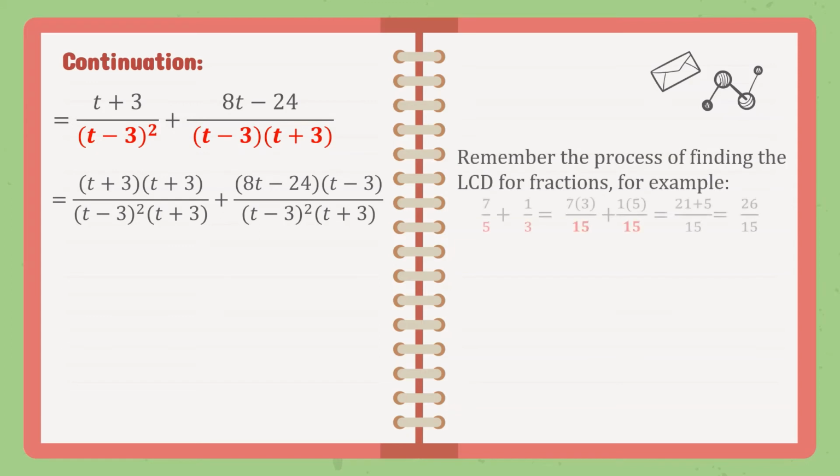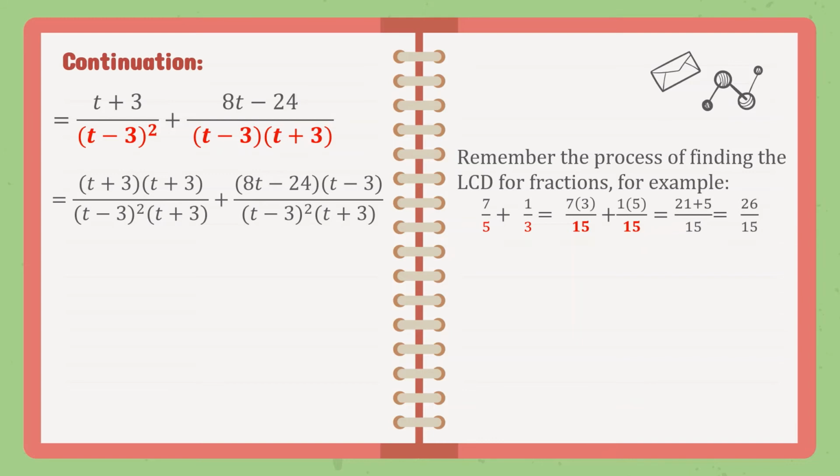If you can recall the process of finding the LCD for fractions, I have here an example so that you have an idea as to how we got the calculation. My example is 7 over 5 plus 1 over 3. Note that the LCD of our denominators is 15, and we'll go ahead and make it into similar fractions. 15 divided by 5 is equal to 3 times 7.